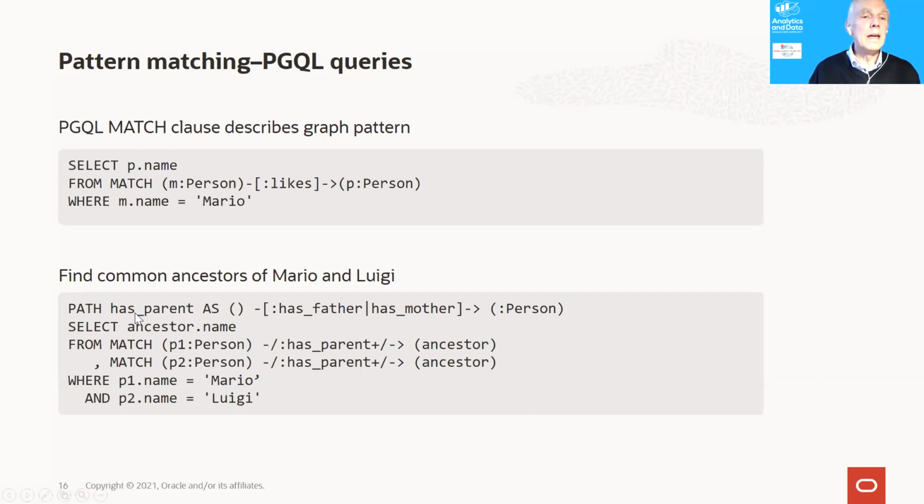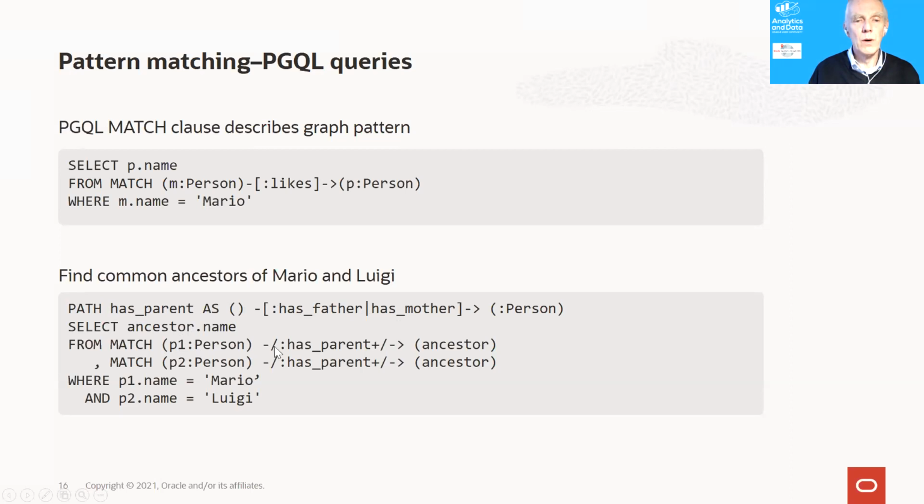What you can do in PGQL is actually extremely compact, and it looks like this. You could define a dedicated path, has parent, as either has father or has mother, if they are separate relationships in your graph anyway, and then define a match clause which looks like this.